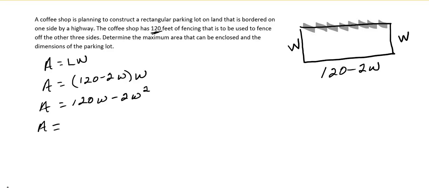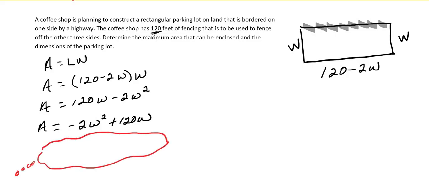I'm going to rewrite this to where the squared term is first. Now my equation is in terms of W and A, but what I need to be thinking, this is my little thinking bubble, I need to be thinking of this as y equals negative 2x squared plus 120x.